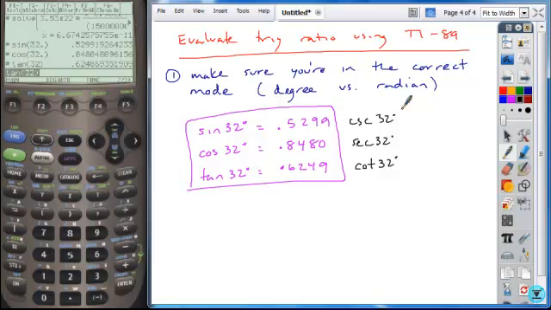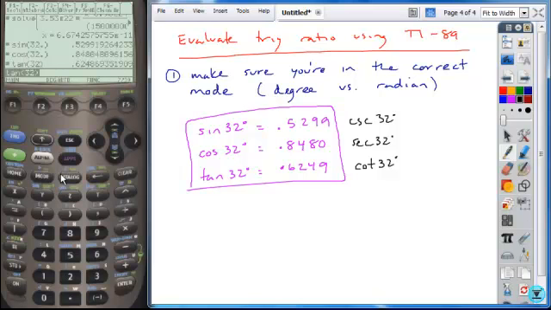And we'll talk about those later. Those are used to evaluate an angle. The inverse is different from a reciprocal in this case. The reciprocal functions are not the same as these inverse sines. So we're not going to get to that yet until we're finding unknown angles.